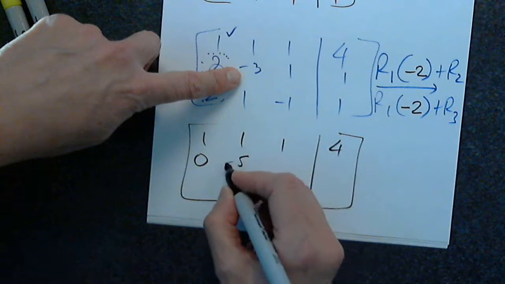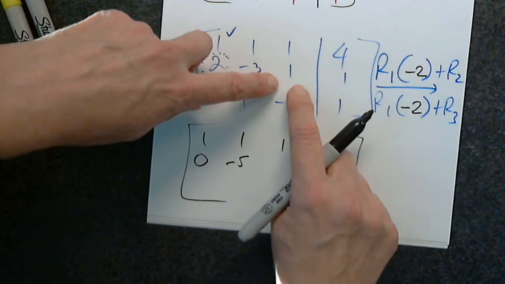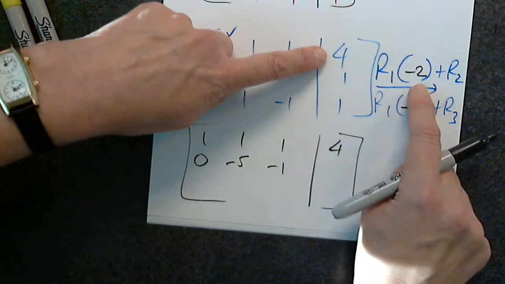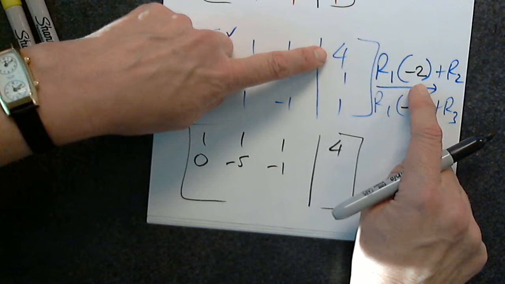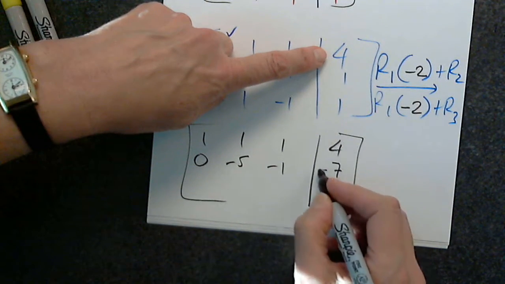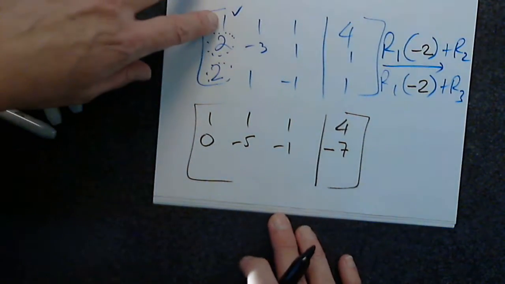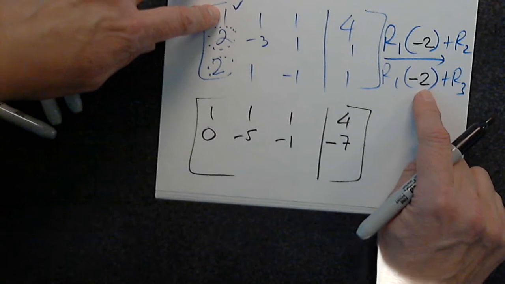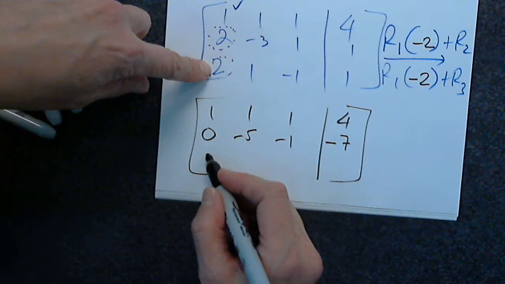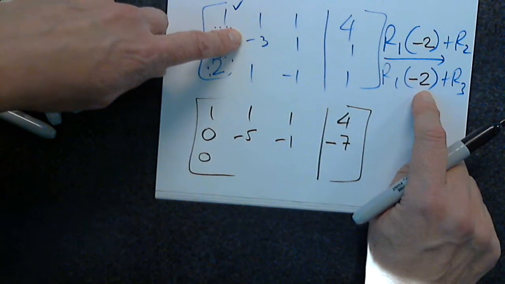Negative 5. 1 times negative 2 plus 1. Perfect. 4 times negative 2 plus 1. Very good. Ugly. Very ugly. But it is what it is. 1 times negative 2 plus 2. Negative 3 times negative 2.